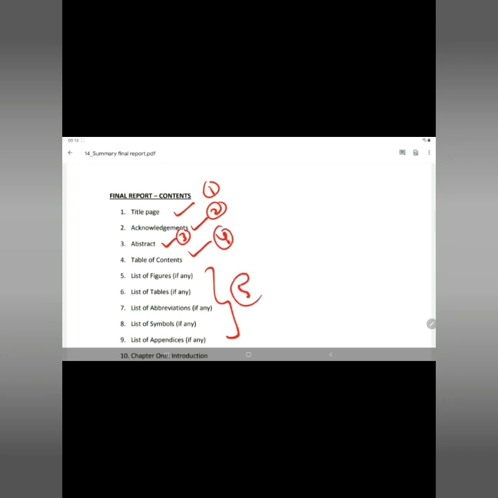So 1, 2, 3, 4, 5. Then for chapter 1, introduction, number 6, what I need is background, statement, objectives, significance.